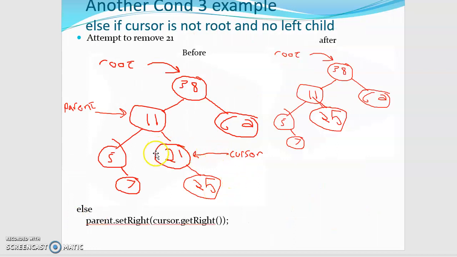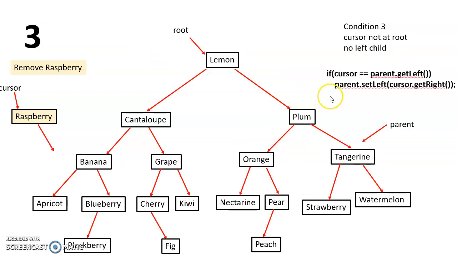But this example here was showing, so if 21 is being removed and there's no left child of it, then it's actually going to be parent set right, cursor get right. So this else here that's on these slides is the else that would correspond with this condition here. But so condition 3, we weren't at the root and didn't have a left child.